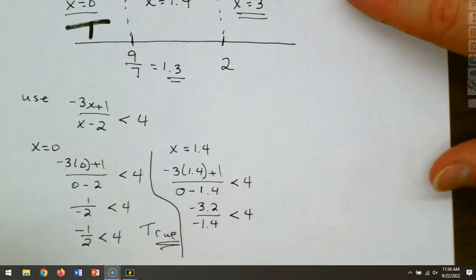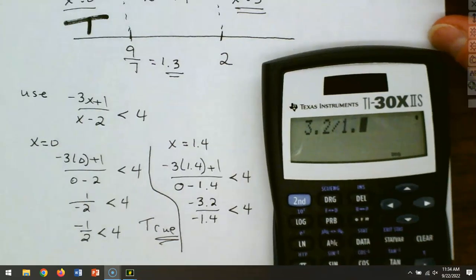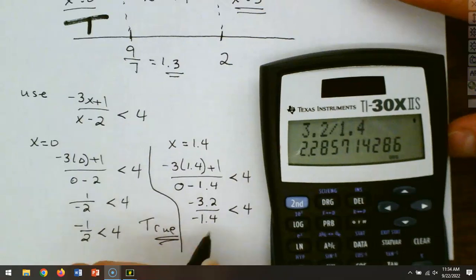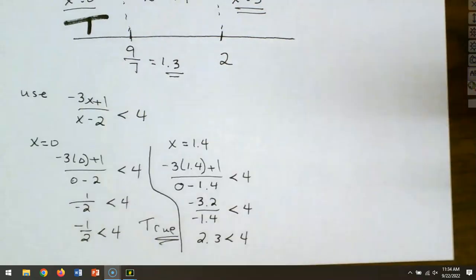Negative over negative makes that now a positive. And 3.2, divide that by 1.4. What does that come out to give you? Negative and negative makes it positive, and that's a 2 point if we round 3. We don't have to be precise on these because all we're checking is to see if it's true or false.